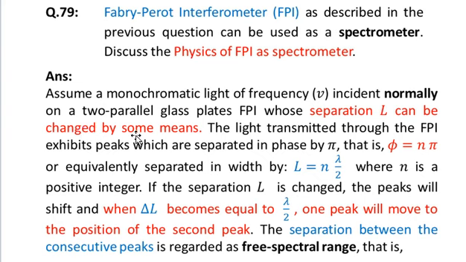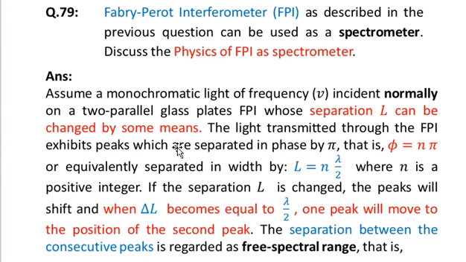You saw in the previous topic, in slide number 78, that we assumed a constant separation capital L, a fixed separation between the two glass plates of the Fabry-Perot interferometer. But here we are assuming that the separation can be changed, but we are not mentioning the means by which it can be changed.